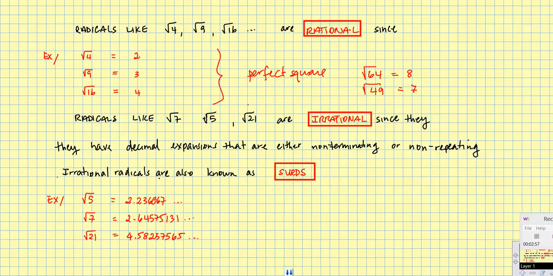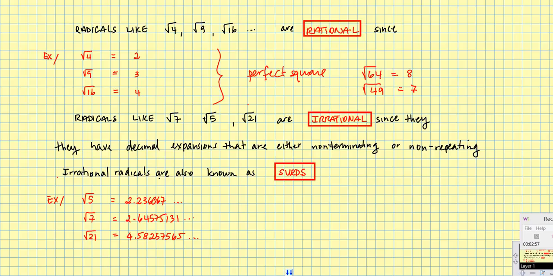So irrational radicals also have another name. Irrational radicals are known as surds. So radicals would be root 4, root 9, root 16, all the perfect squares. Those are the rational ones. So root 16, root 25, root 36, root 49, root 64, root 81, and so forth.